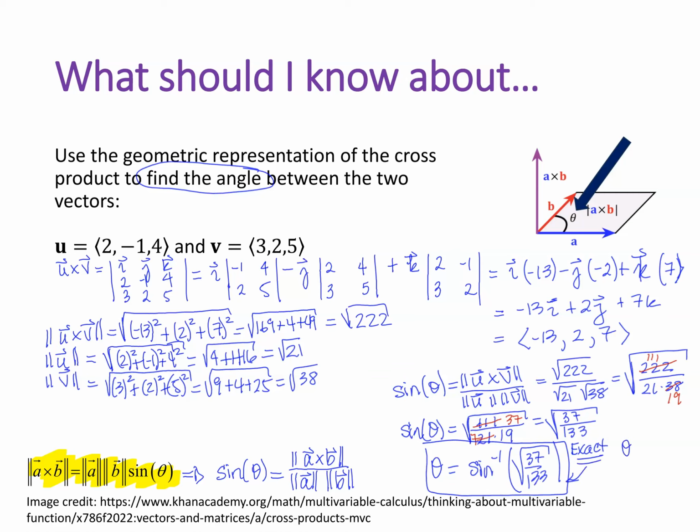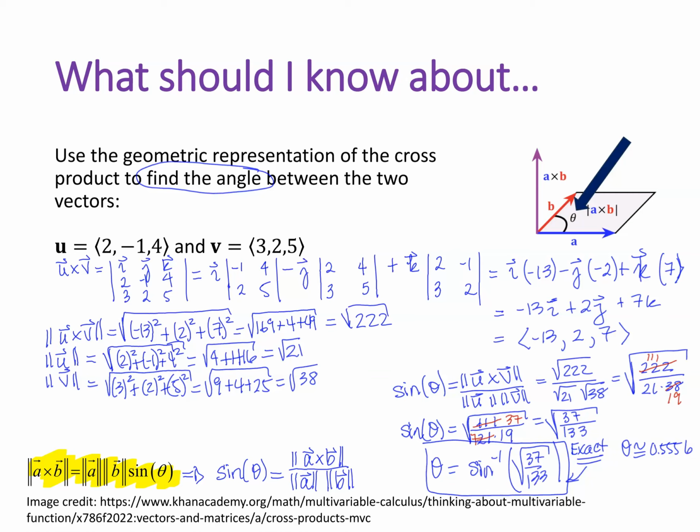Now, we could say theta is approximately equal to, if I go to 4 decimal places, 0.5556. But again, that's only an approximation, and we should avoid approximations because errors in approximation can carry forward into problems.